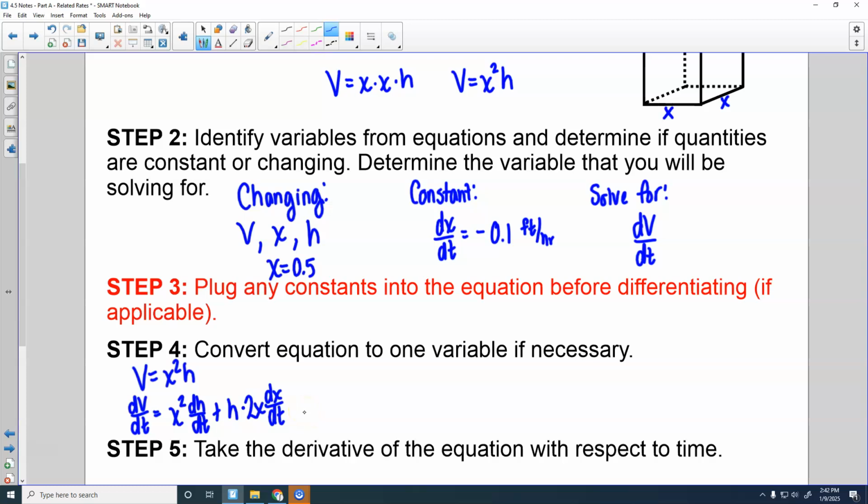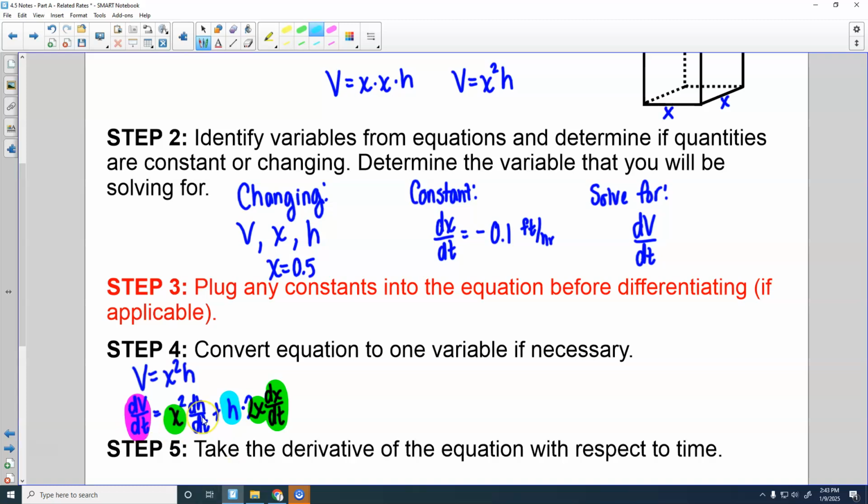Sometimes that works if they've given you a lot of information. But if we think about what we could plug in, I know what x is, so I could plug in for those x's. I know what dx dt is, so I could plug in for that. I'm solving for dv dt, so that would be fine. I could figure out h pretty easily because the height is always twice the x.